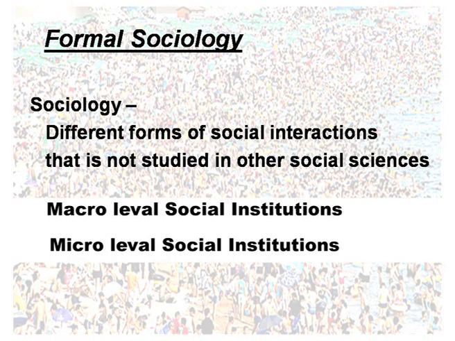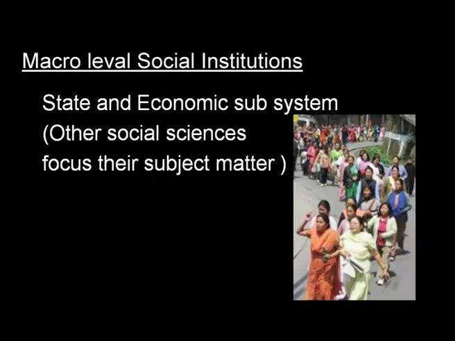Normally, we have two levels of institutions in our society. One is macro level institution and the other one is micro level social institutions. Under macro level, we have the state and economic system. Under state and economic subsystem also, some kind of interaction take place.